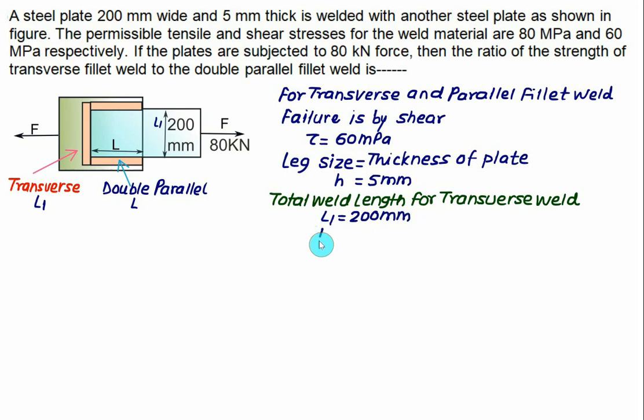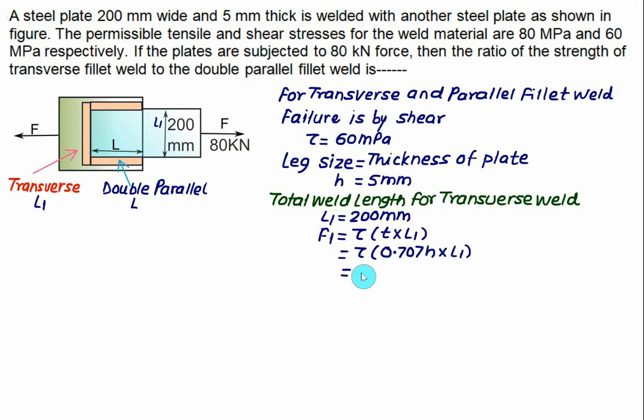Let's say the corresponding force is F1, which is equal to tau multiplied by throat thickness T multiplied by length L1. Throat thickness we can write as 0.707 multiplied by leg size H, multiplied by L1.